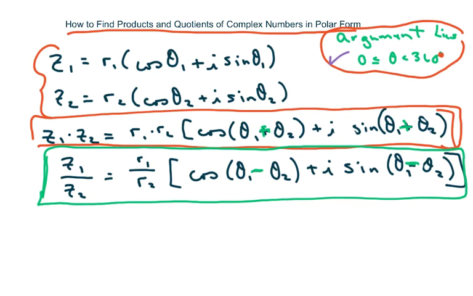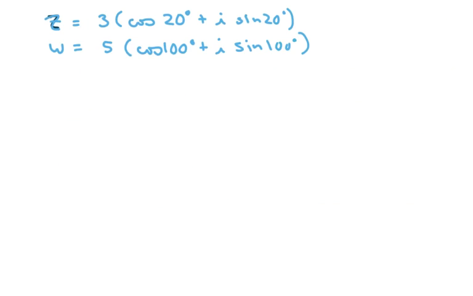Our first example is going to be, the next page is right here. So we have two different complex numbers, and we're going to multiply them, and then we're going to divide.